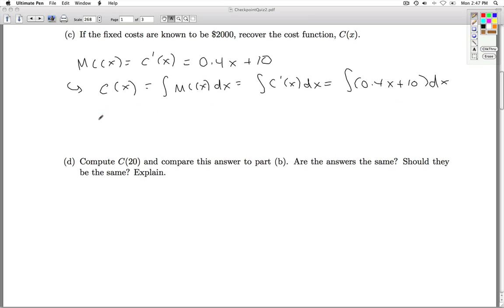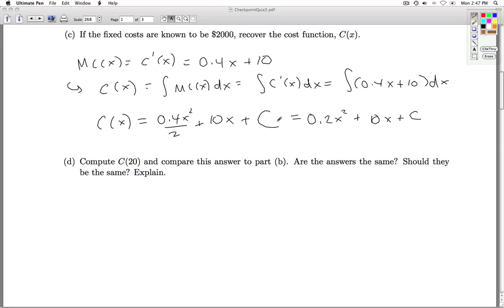And we already did this up above. We found one antiderivative, 0.4x squared over 2 plus 10x. To get all the possible antiderivatives, we just tack on a c. We can simplify this a little bit. 0.2x squared plus 10x plus c.